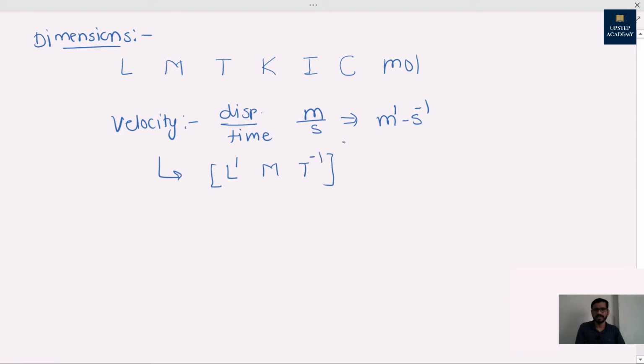And as there is no mass quantity present, M raised to 0. So these are the dimensions of velocity, or the dimensional formula of velocity.